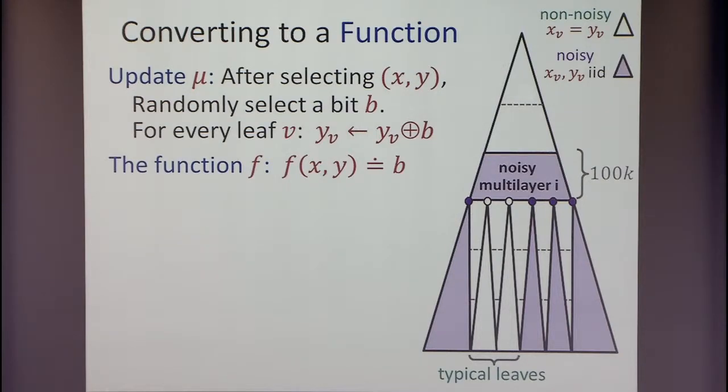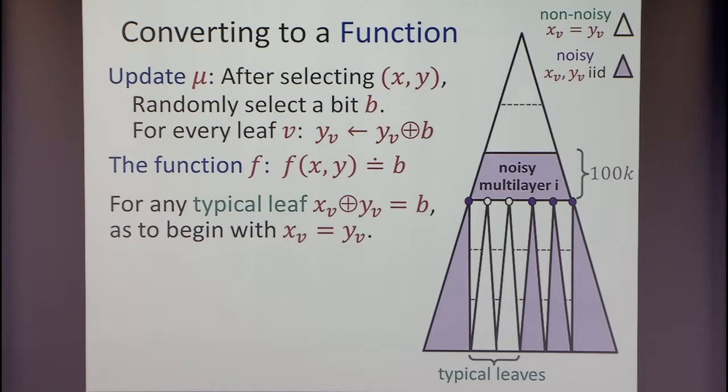It's a Boolean function, clearly. Why would it make any sense? First note that for any typical leaf, when you sum up x_v and y_v, you get exactly b. Why is that?